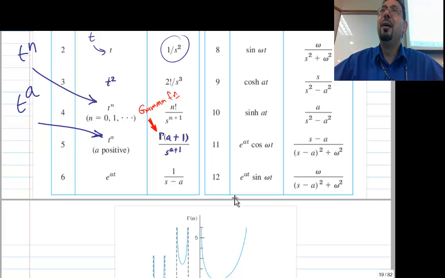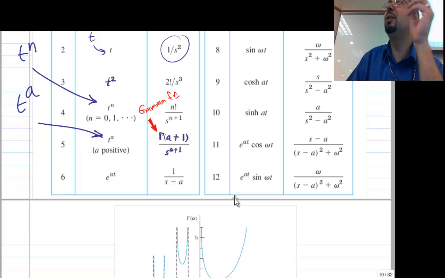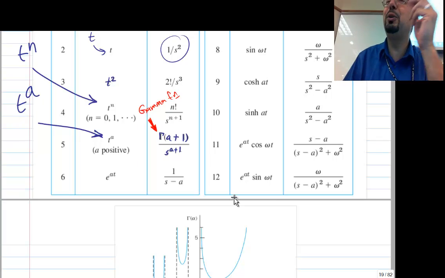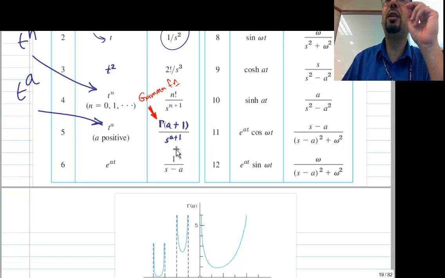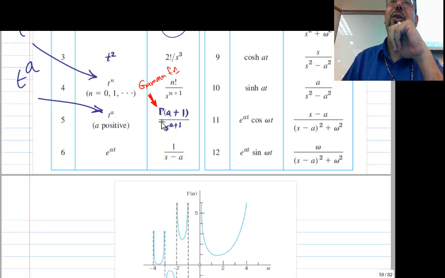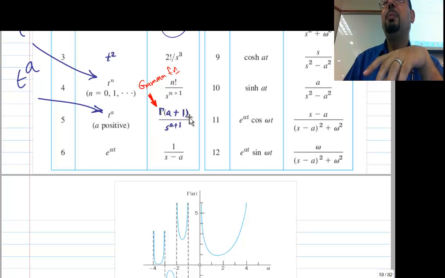To take a bunch of lectures on the gamma function without understanding why this thing is even important for you, that was really, really torture, especially if you are trying to do a good job learning what this gamma function is. So the Laplace of t to the power a is basically gamma of a plus 1 over s to the a plus 1.